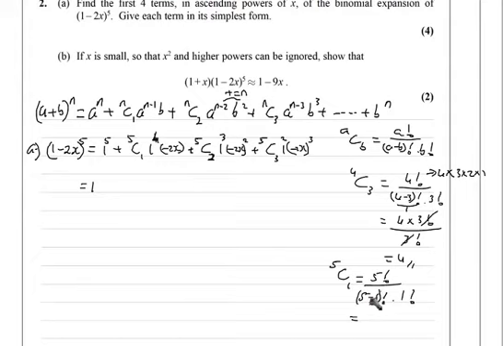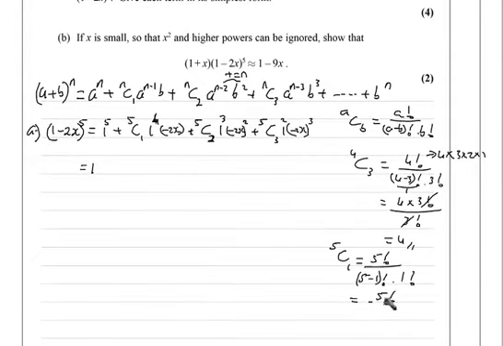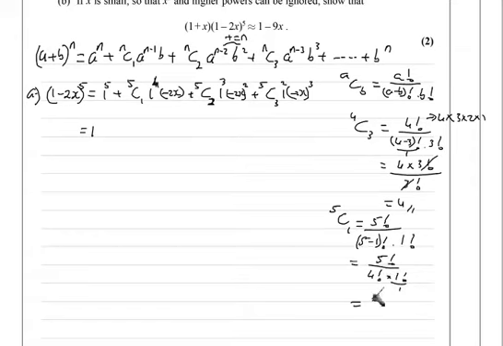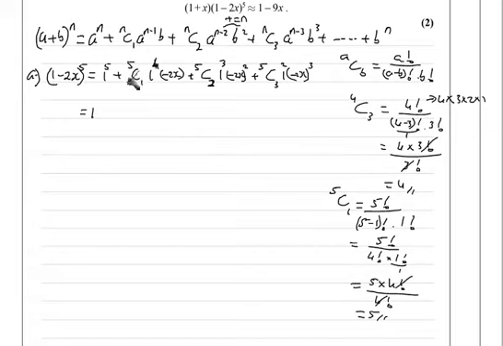So this will be 5 factorial divided by 4 factorial, times 1 factorial, which is 1. We can write 5 factorial as 5 times 4 factorial, and the 4 factorials cancel, so you have 5 as a result. So we found 5C1 as 5.